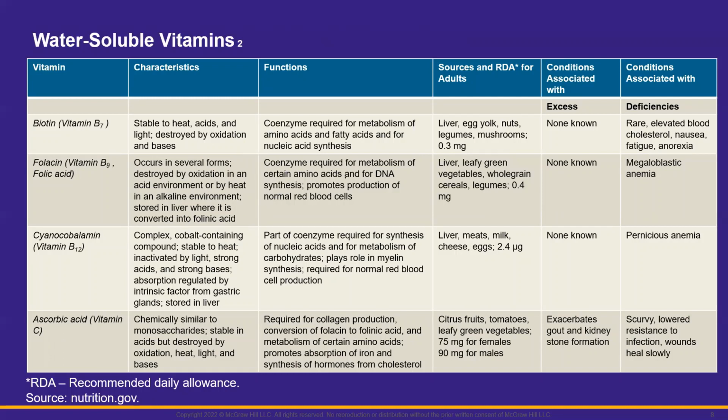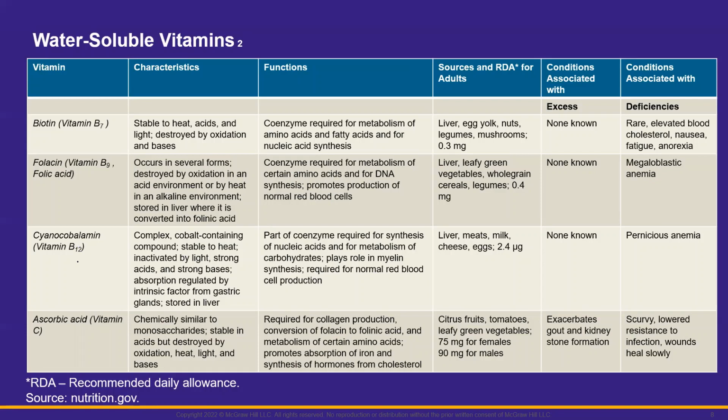Function: a coenzyme required for metabolism of certain amino acids and for DNA synthesis, promotes production of normal red blood cells. Source: liver, leafy green vegetables, whole grain cereal, legumes, about 0.4 milligram per day. Excess unknown. Deficiency: megaloblastic anemia.